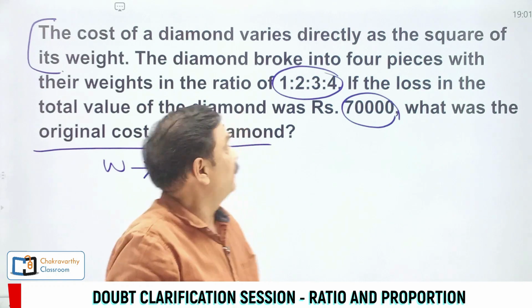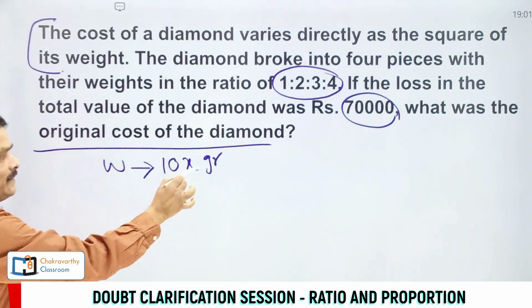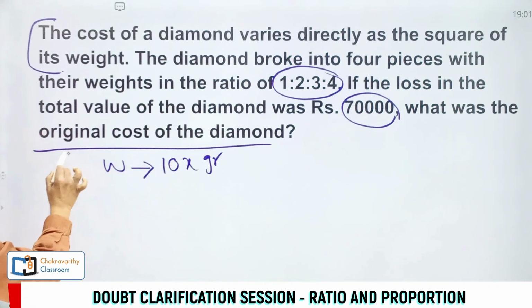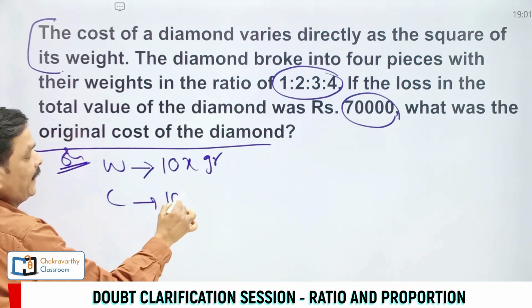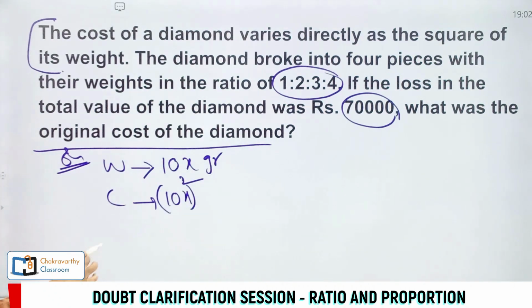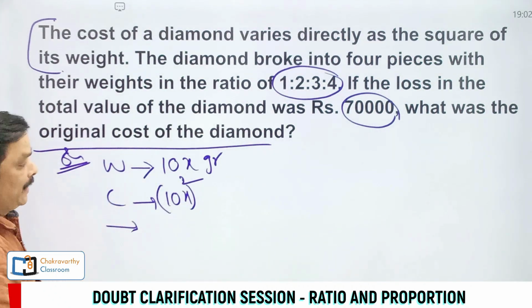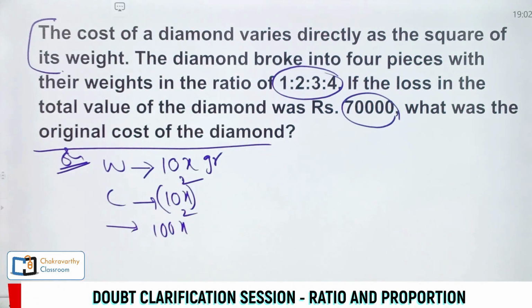Why have I taken 10 here? Because that is easier for me. Then when the weight is 10x grams, this is the original diamond. And obviously the cost of the original one is (10x) square, that is 100x square. Finish. One part is over.